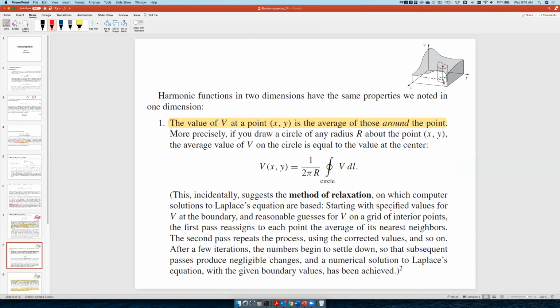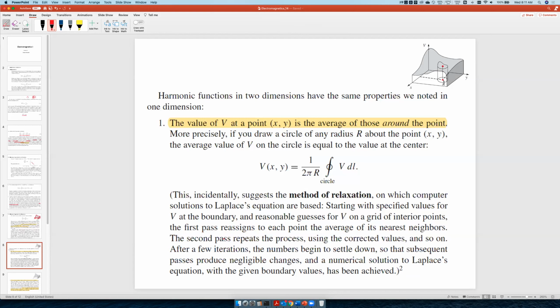Starting with some specified values for v at the boundary, and then reasonably guess v on a grid of interior points. It doesn't matter if v is correct or not. It might be completely wrong values on the grid of interior points. And then the first pass reassigns to each point the average of its nearest neighbors.